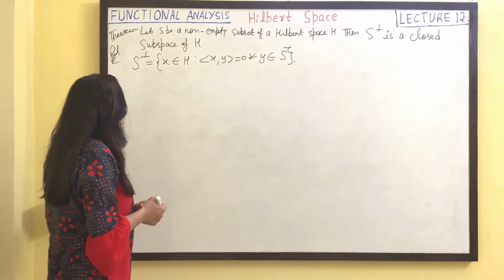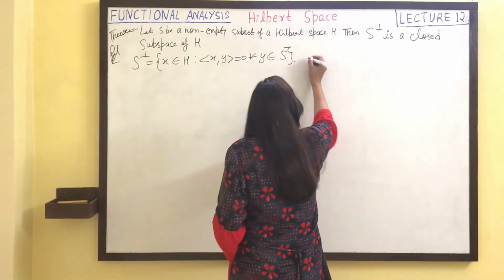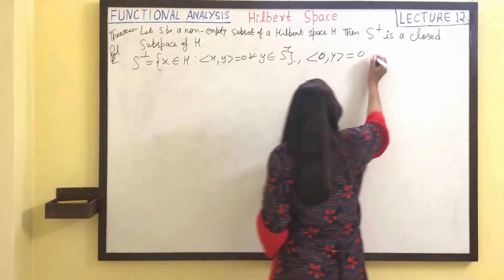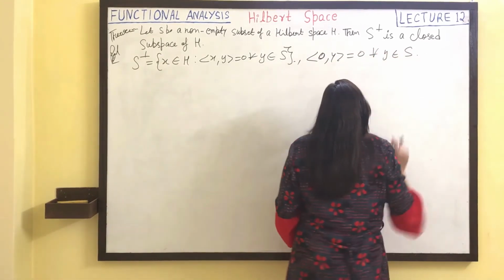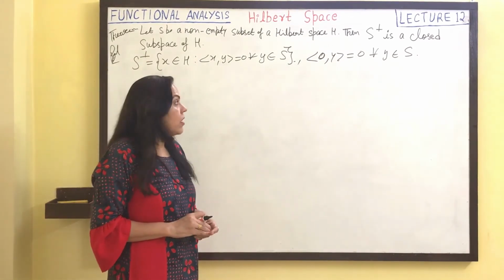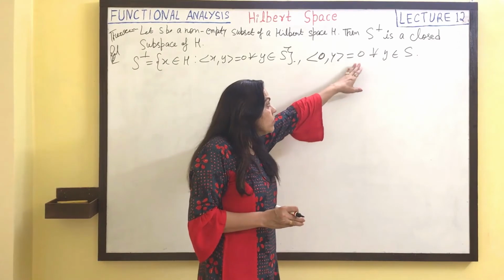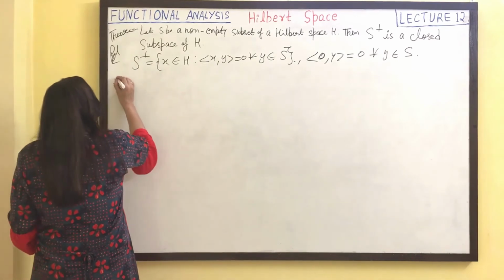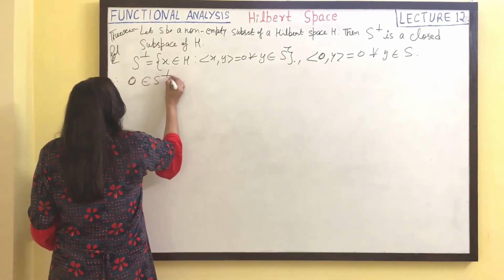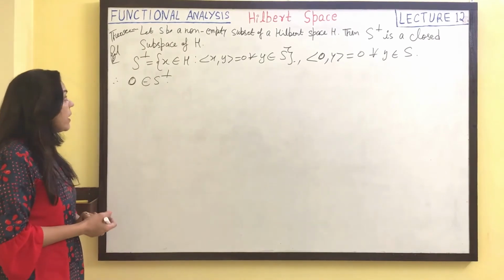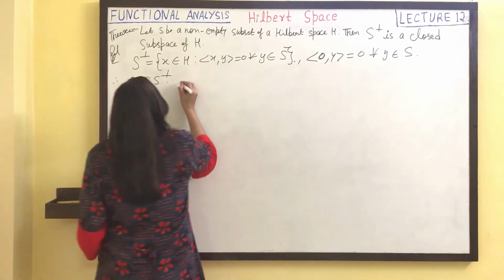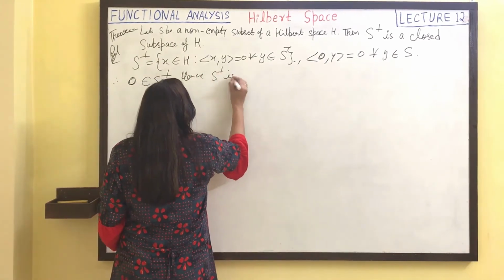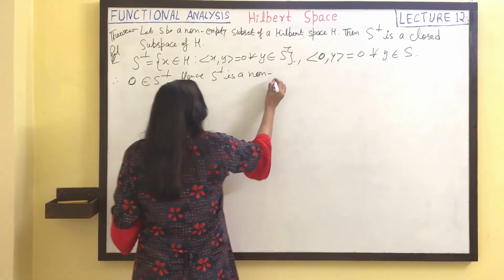Now we can find 0 comma y is always 0 for all y, because the 0 vector is perpendicular to every vector, so that's why we can say that 0 belongs to S perpendicular, and hence S perpendicular is a non-empty subset of H.